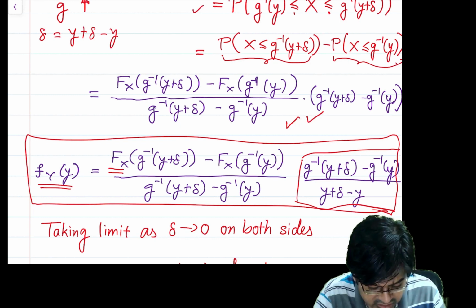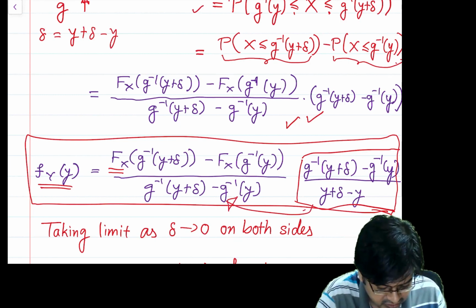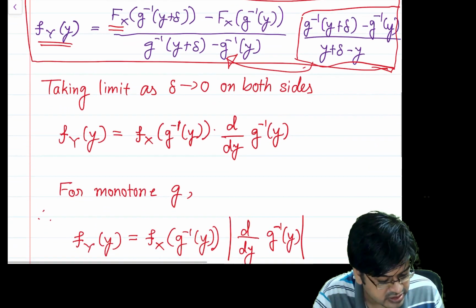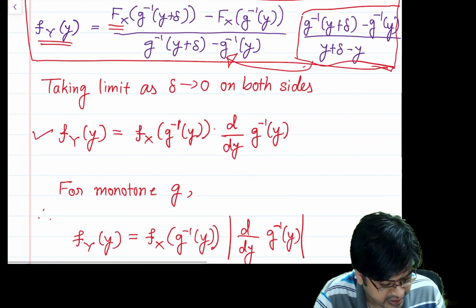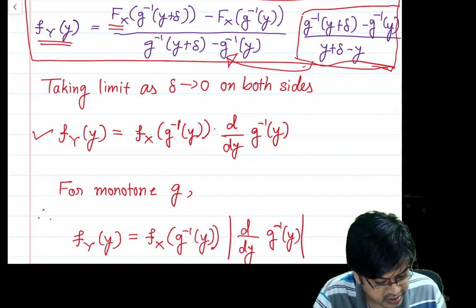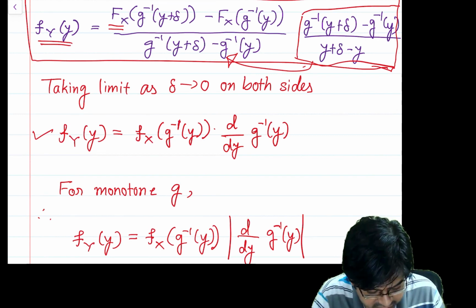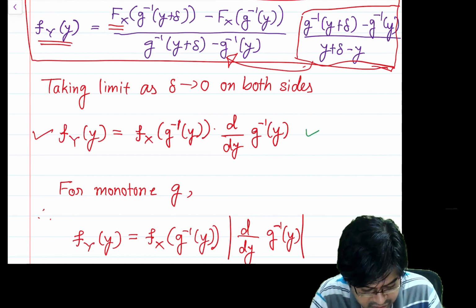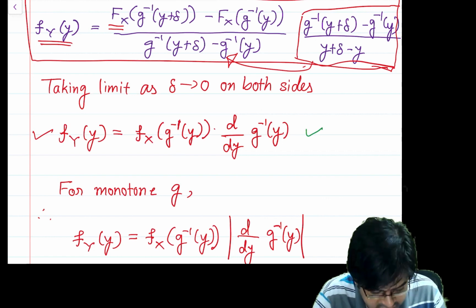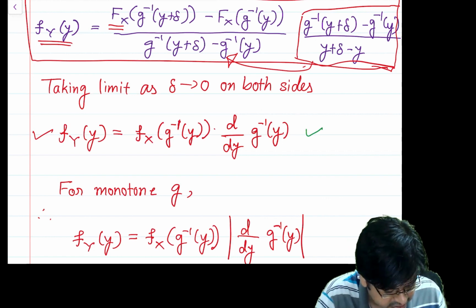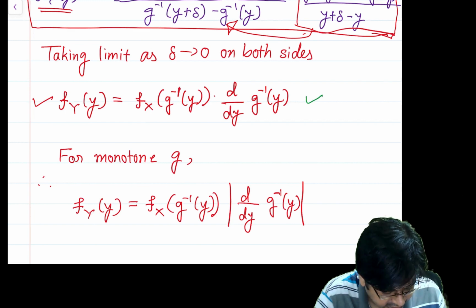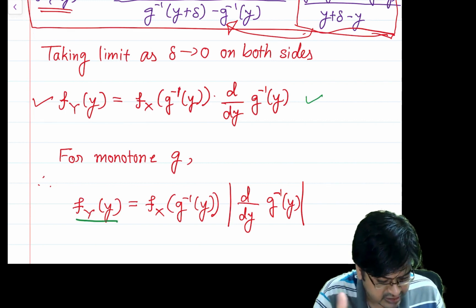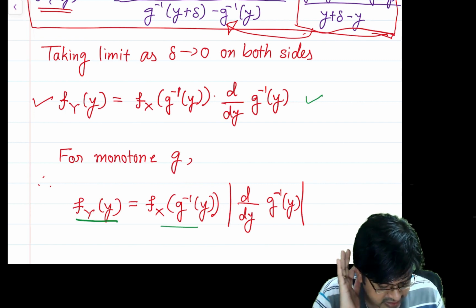Now you use the logic of the chain rule to combine these two terms, then you will get f_Y(y) equal to f_X(g inverse of y) into d/dy of g inverse of y. This simply reduces to, yeah, so that's all. This is the chain rule. So you got the result.